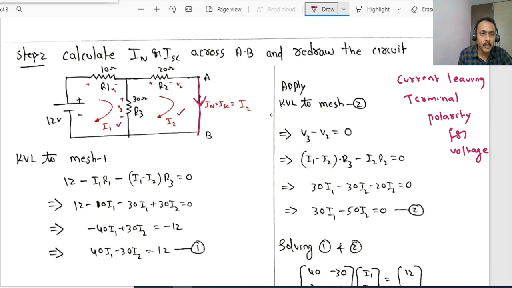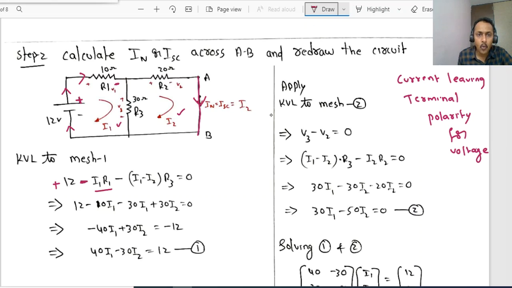We will start with the voltage source. Now this I1 enters here, it is leaving the 12 volts at positive, so plus 12. Now I1 came up to here, I1 is leaving R1 at a negative terminal. So minus, what is the drop? Current flowing is I1 into R1.